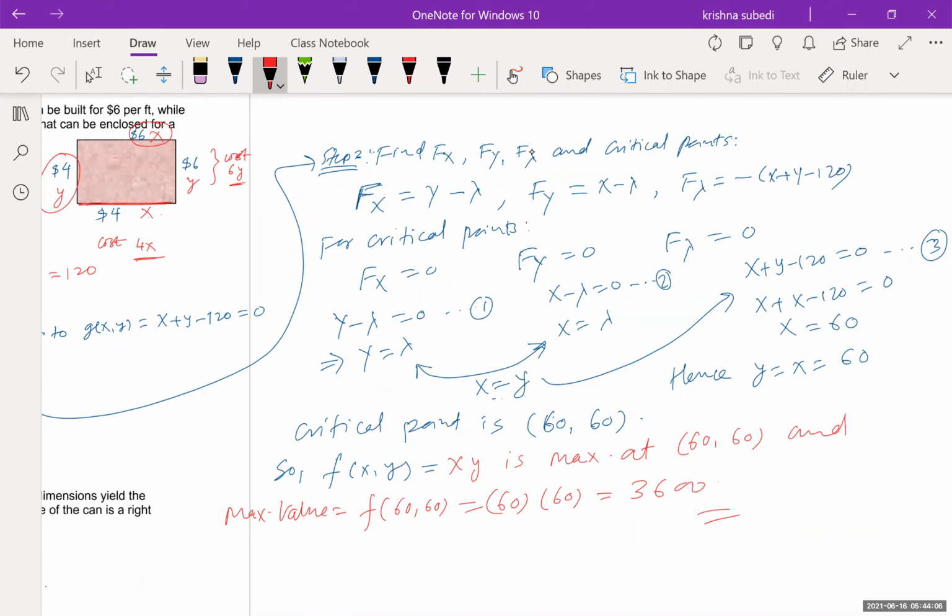What is the unit? Feet or meter? It's feet. Because it's an area, it will be square feet. So with that $1,200, you can enclose a 3,600 square feet area.